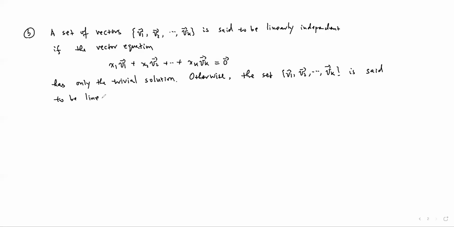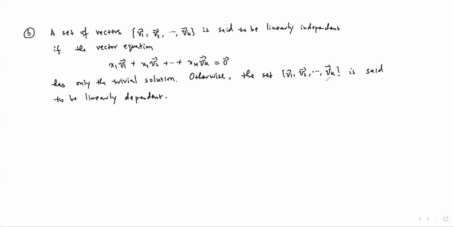It's a linearly dependent set. When a set is a linearly dependent set, at least one of the vectors in the set linearly depends on the other vectors. This is a review about some key points, the definitions.